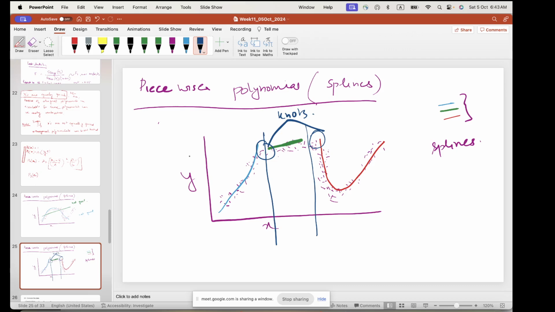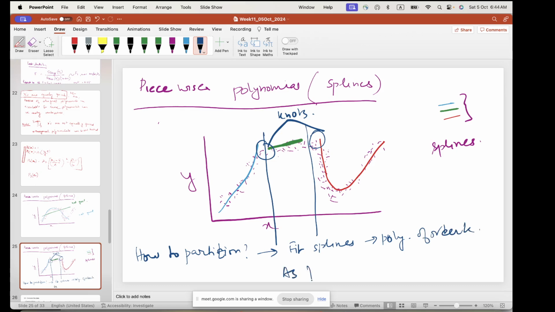Now, how to partition? We have to fit splines, that is polynomials of order k, again keeping k as low as possible, and as few knots as possible.